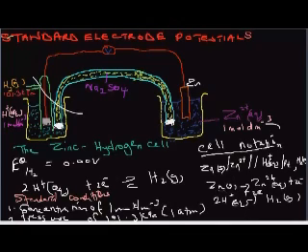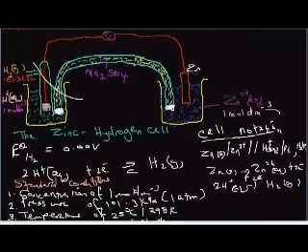Our zinc solid causes the reduction of our hydrogen ions to hydrogen gas, but itself is being oxidized. So this one is a reducing agent and this one is an oxidizing agent.